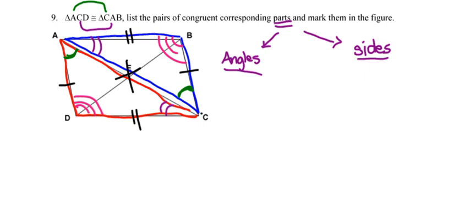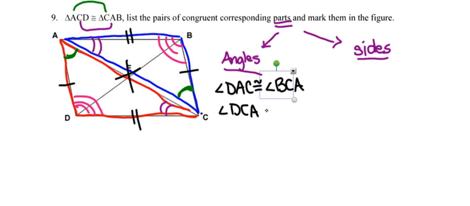In the red triangle, angle DAC is congruent to, in the blue triangle, angle BCA. In the red triangle, angle DCA matches up with and is congruent to, in the blue triangle, angle BAC.